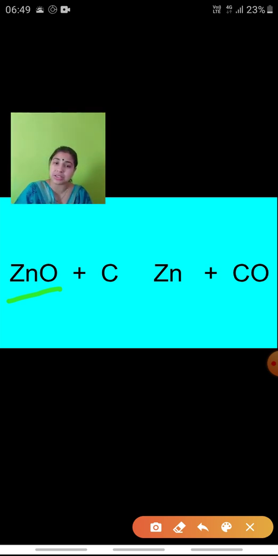When a substance is getting oxidized, at the same time some other substance must also be getting reduced. Now here ZnO is reduced to Zn. Now why is ZnO being reduced? It is because carbon is taking its oxygen. That means for the reduction of ZnO, who is responsible?